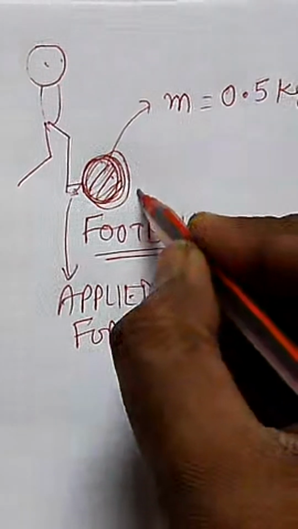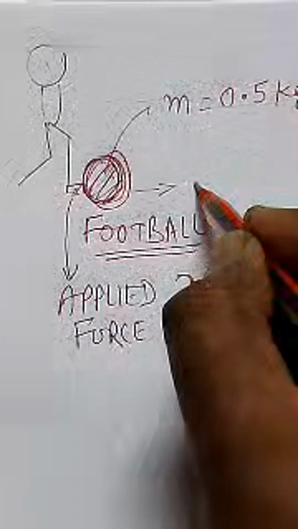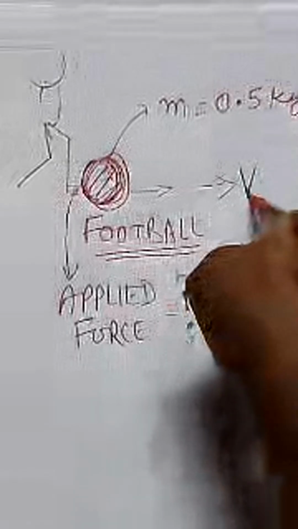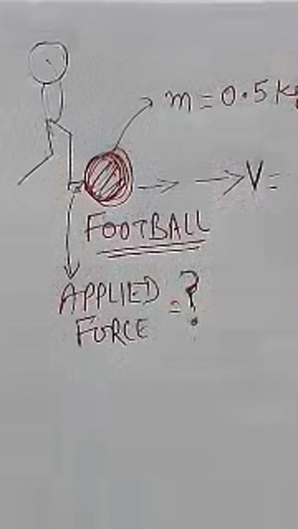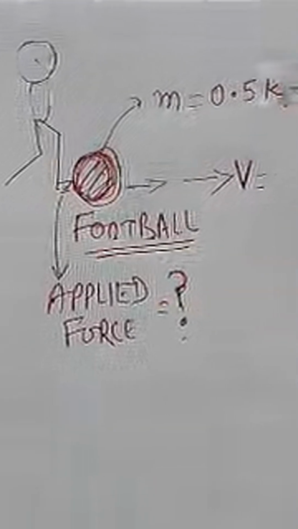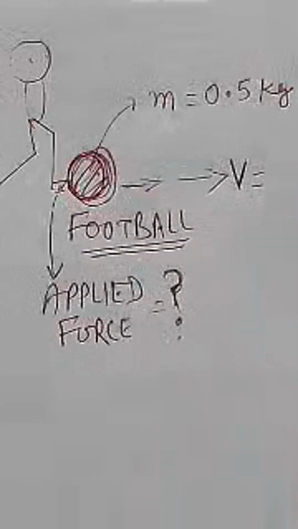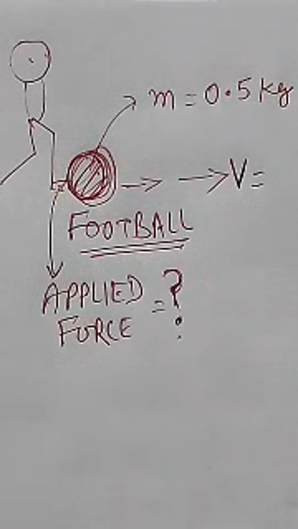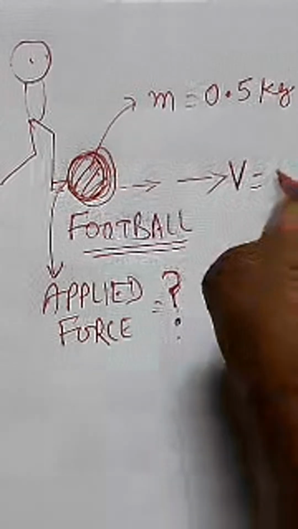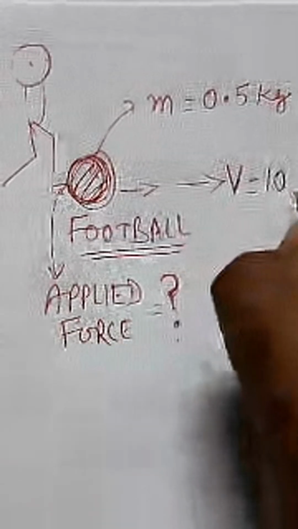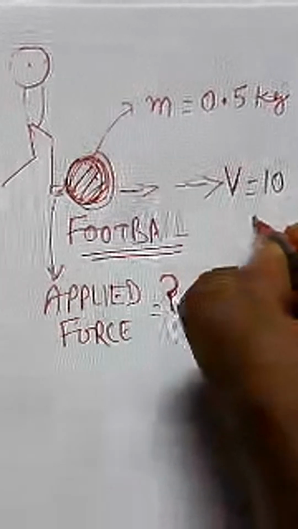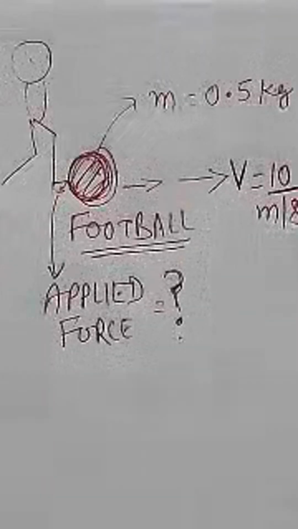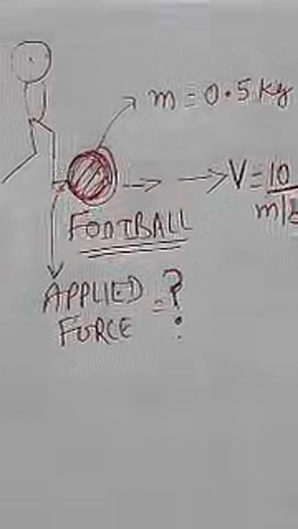After he kicks off, you can see a velocity is achieved by the ball. And that velocity of the football is 10 meter per second, right? This is the velocity which is achieved.